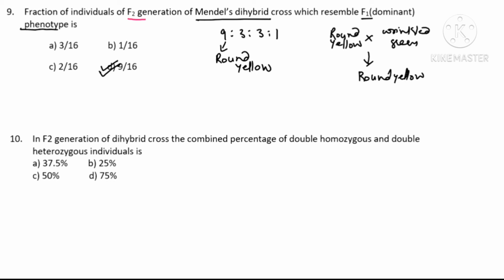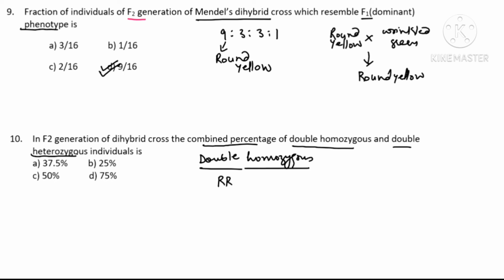In F2 generation of dihybrid cross, the combined percentage. You have to tell the combined percentage of double homozygous and double heterozygous individual. So first of all, try to understand double homozygous means what? See, double homozygous means this should be as well as this should be homozygous.